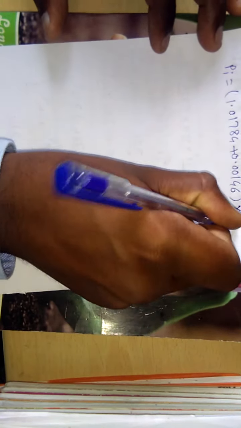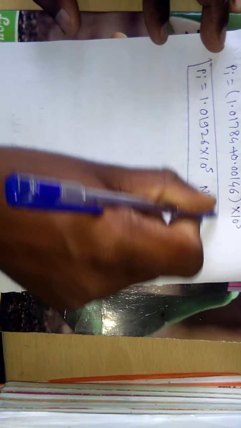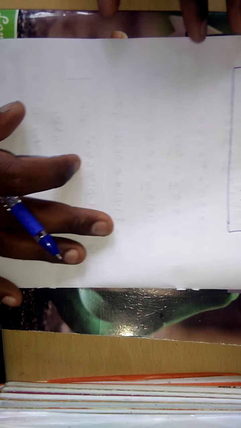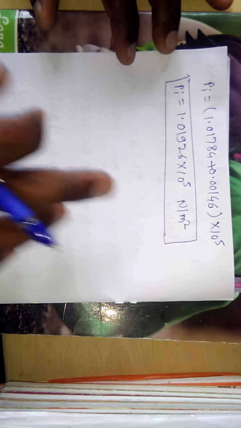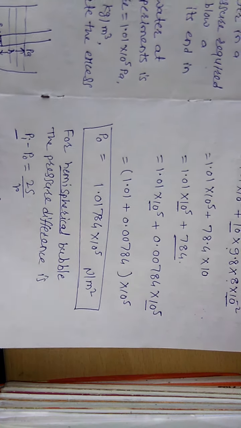Therefore pressure inside is equal to 1.01926 into 10 to the power of 5 Newton per meter square. Now this is the pressure inside the bubble, and this is the pressure outside the bubble.